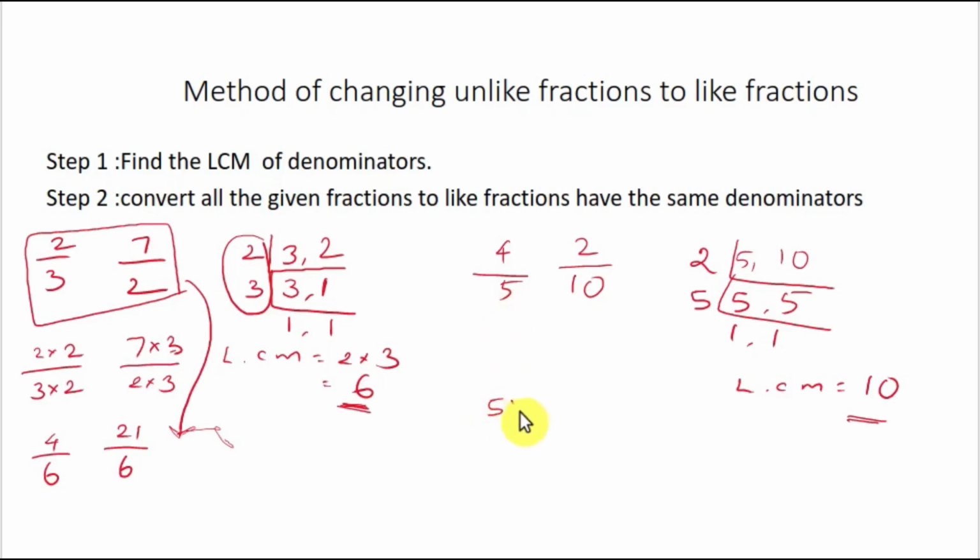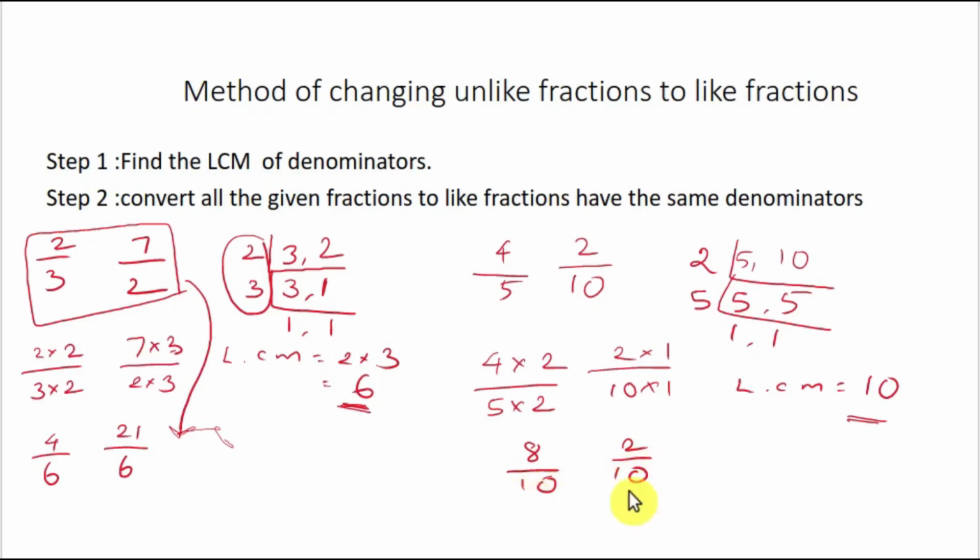So we have to convert the denominators into 10. So 5 how many times is 10? 2 times. So when we are multiplying the denominator by 2, the same number we have to multiply the numerator also. Here 10, how many times makes 10? 10 ones are 10, so 2 ones are 2. So 4 twos are 8 by 10, 2 by 10.